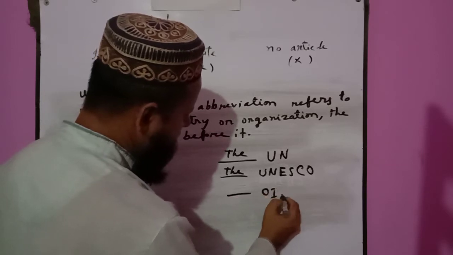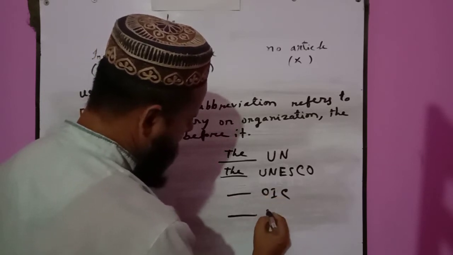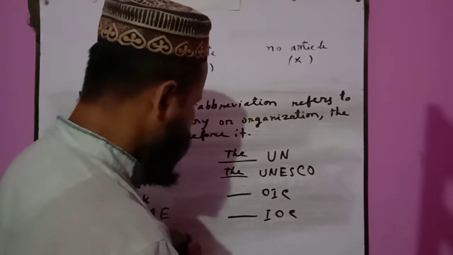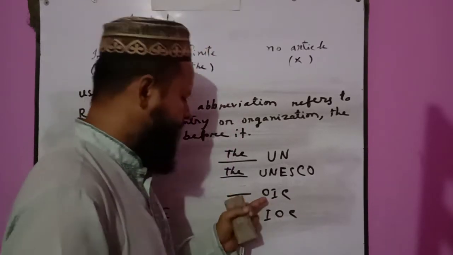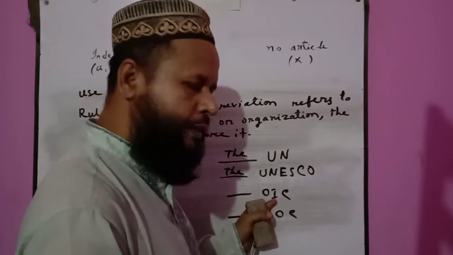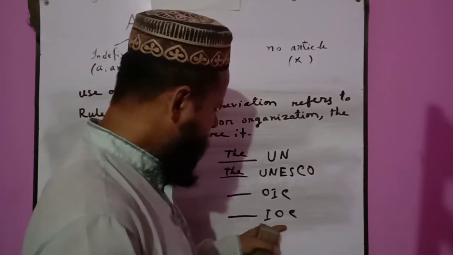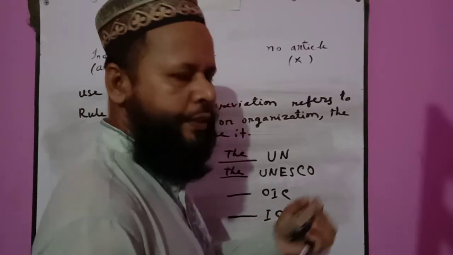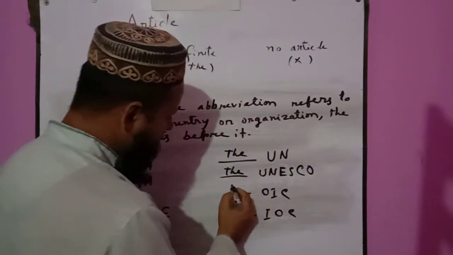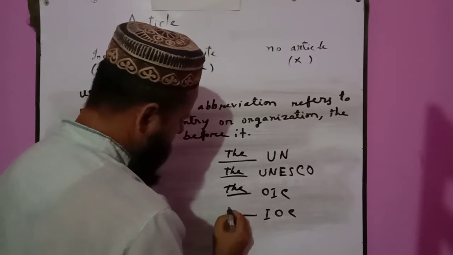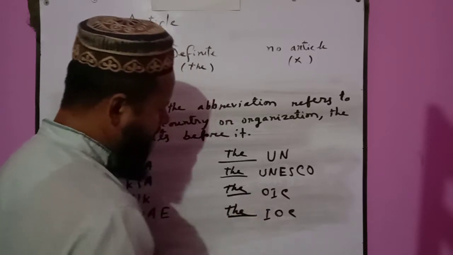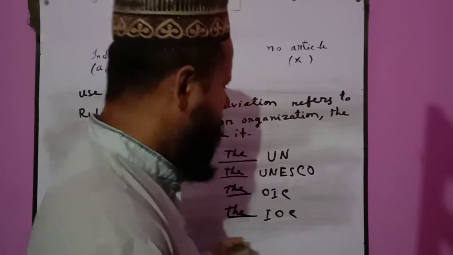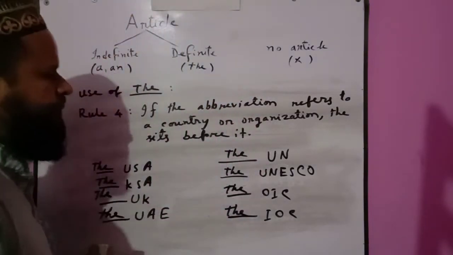OIC, IOC. There are many organizations. OIC, Organization of Islamic Conference. IOC, International Olympic Committee. So we use the before abbreviation, as the abbreviation refers to organization and country.